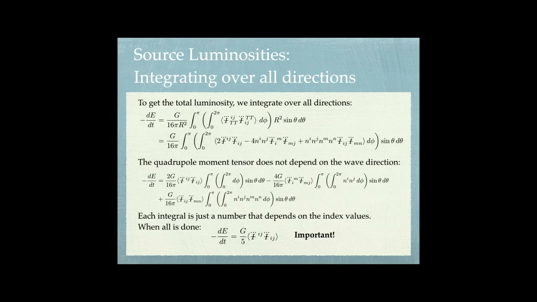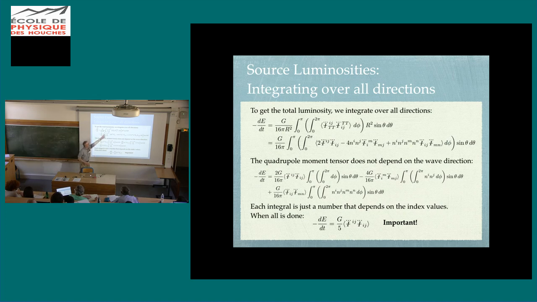Okay? So now to get the total luminosity, we just want to integrate over all possible directions. We're going to integrate this beastie here over all possible spherical directions. The nice thing is that the quadrupole moment tensor doesn't depend on what direction you're looking at the gravitational waves. That's about the source, and it's about the coordinate system you set up at the source.